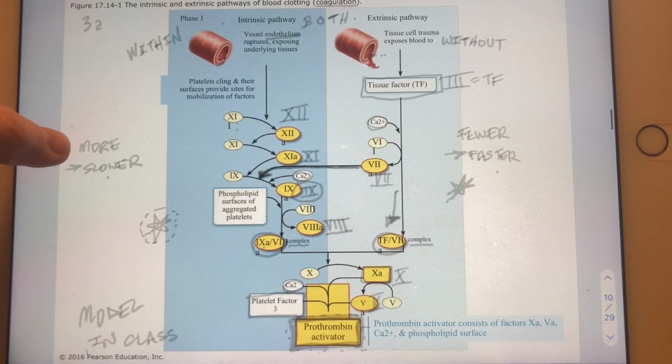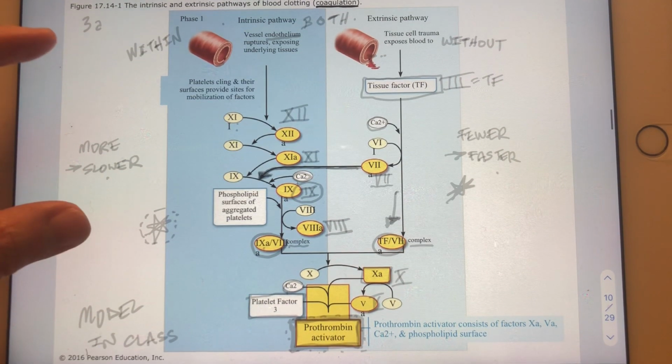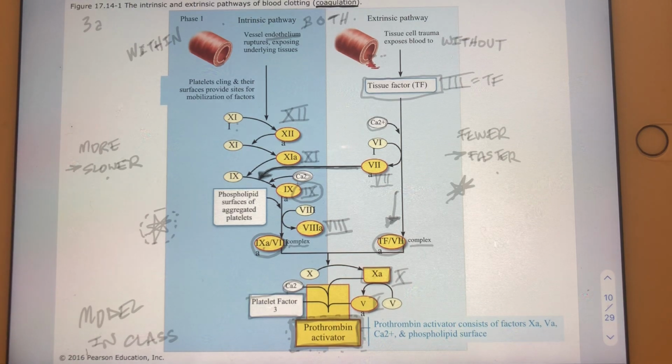This is just coagulation, so we're just looking at the intrinsic and the extrinsic pathways, okay? Be aware that just because we yield prothrombin activator doesn't mean that coagulation is finished. We still have to yield thrombin, and then we have to yield fibrin, and then we have to interconnect that fibrin to make a fibrin mesh, okay?